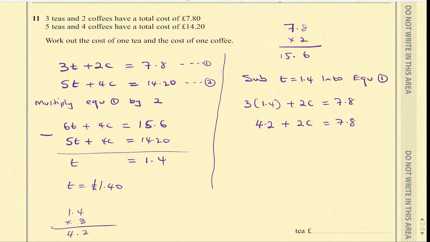I need to take the like terms together. So 2c equals 7.8 minus 4.2. So I subtract 4.2 from both sides, and therefore I get 3.6 for 2c, and therefore c, dividing both sides by 2, is 3.6 divided by 2, and I get 1.8.